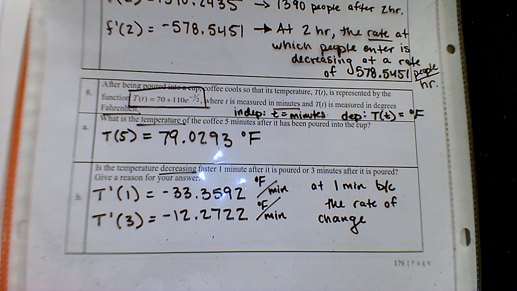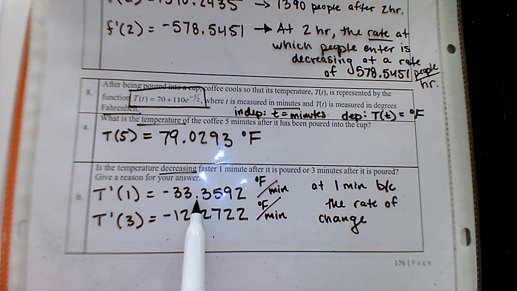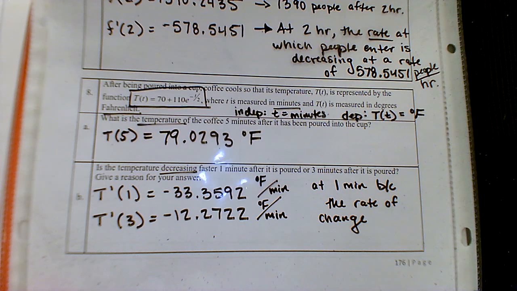Austin, I understand what you mean, but we got to be careful with how we phrase it. The rate of change decreases faster. We can say the rate of change is more negative, okay, decreasing faster. You could say because the rate of change of 33.3592 is greater than 12.272, if you just ignore the negatives. I understand what you mean, but we gotta make sure we're mathematically accurate in how we phrase it.